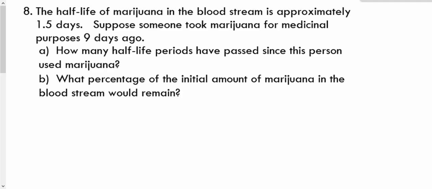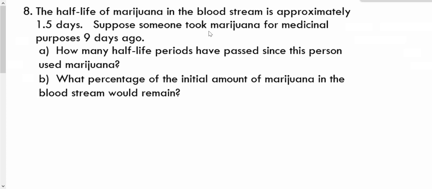But I want to do a half-life question. So let's do number 8 right now on your examples. This is the half-life of marijuana in your bloodstream. So basically what it's saying is if you had some marijuana in your bloodstream, after approximately 1.5 days you will have half of that amount in your body.